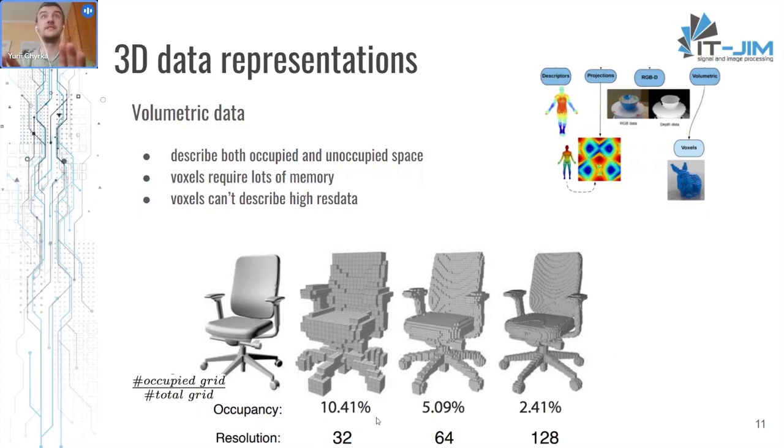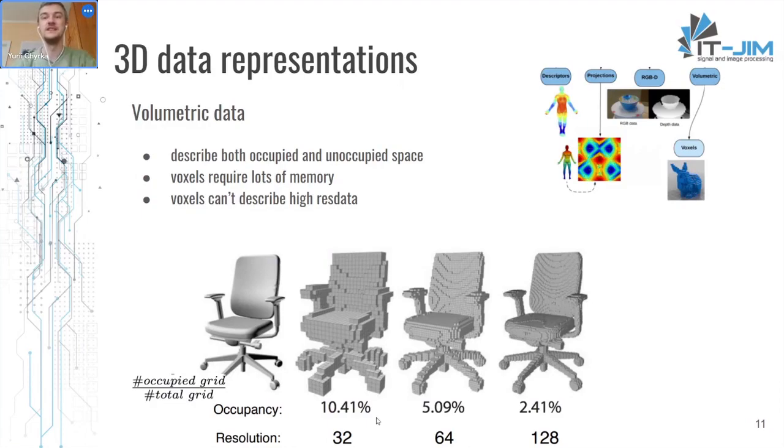It's pretty straightforward, but not such a popular way of three-dimensional data description, because voxels are too heavy. They describe both occupied parts of space and non-occupied. They require lots of memory if they are to describe tiny details and high-resolution data.